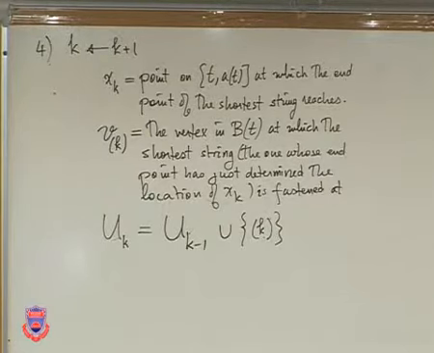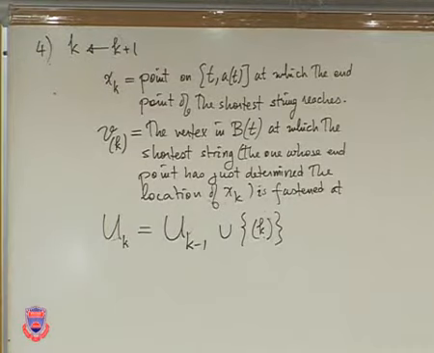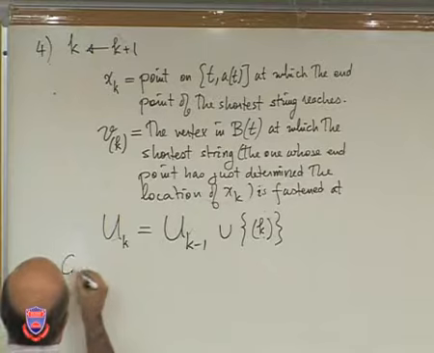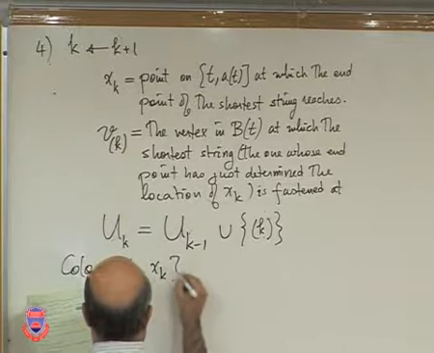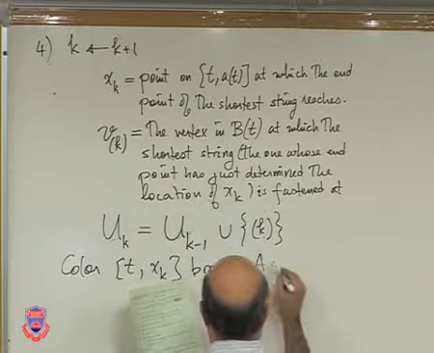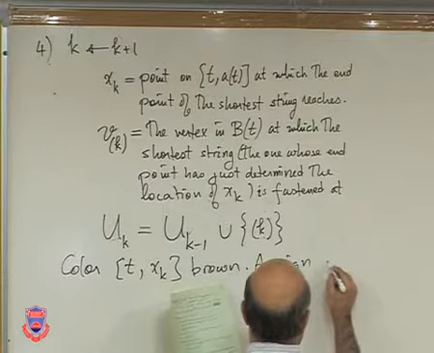Parentheses k could be 5, which means that the location of the third facility is defined by a string that was originally fastened at vertex V5. Okay? All right. We then color T, xk brown, and then we assign all pulled strings to xk and remove them.